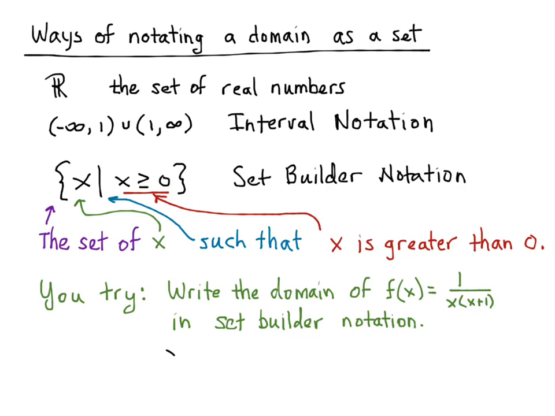A way that we can write that is just to write the set of x such that x does not equal 0 and x does not equal negative 1.